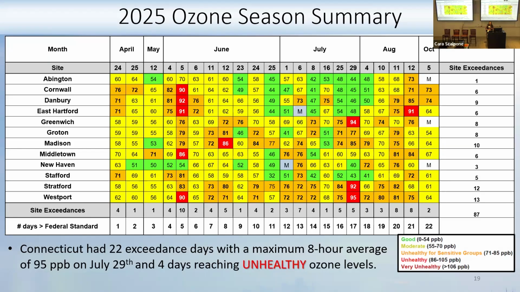There are some missing spots because on October 1st, we did start shutting down our ozone monitors for the season, so we did miss some crucial data there. We did have 4 days that had at least one site reaching unhealthy ozone levels. And another interesting thing is we saw the most site exceedances at Westport at 13, followed closely by Stratford at 12, and those are both Southwest Connecticut coastal sites.